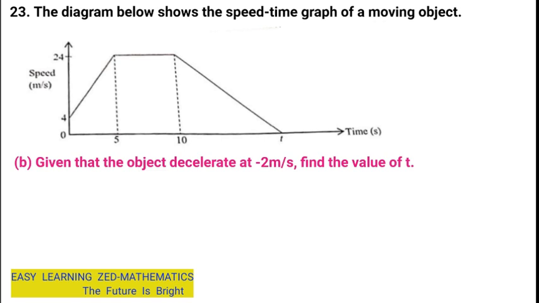Okay, so the formula for deceleration is d is equal to final velocity minus initial velocity over time. Okay, now first of all, what we need to do here is this.